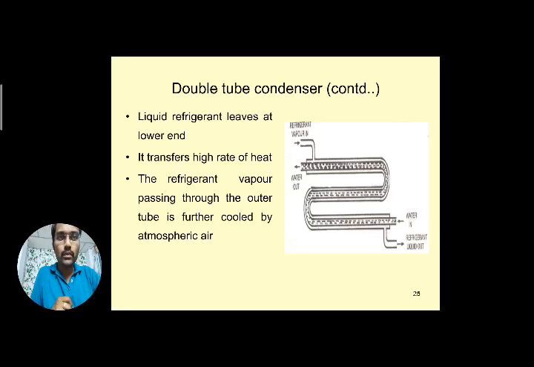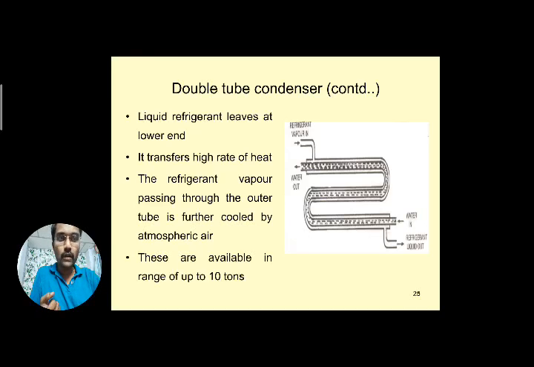Okay. Now the refrigerant vapor passing through the outer tube is further cooled by the atmospheric air. So I already explained that atmospheric air and water, both the cooling mediums, are making contact with the refrigerant. Effective heat transfer takes place in this type of condenser. So double tube condensers are utilized where the requirement of more heat transfer is there.